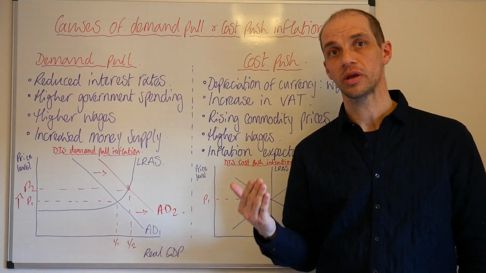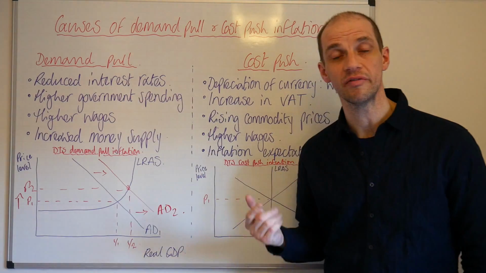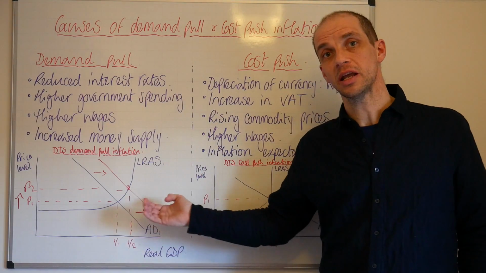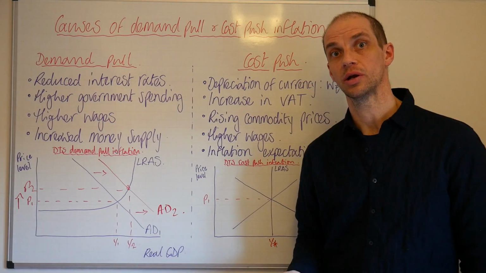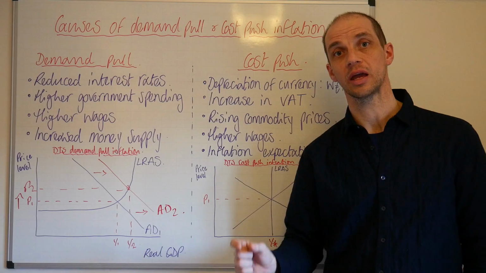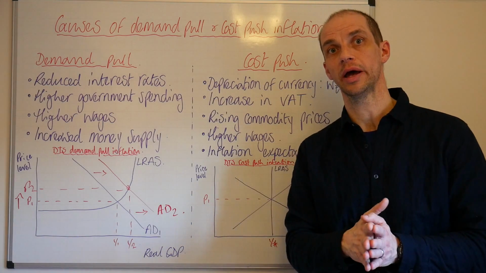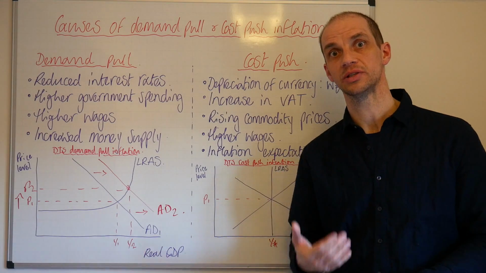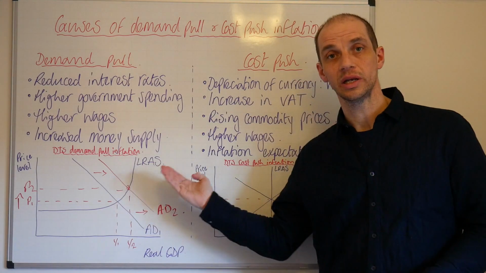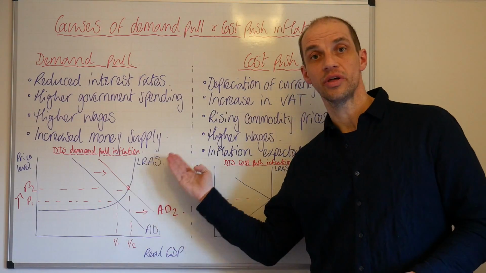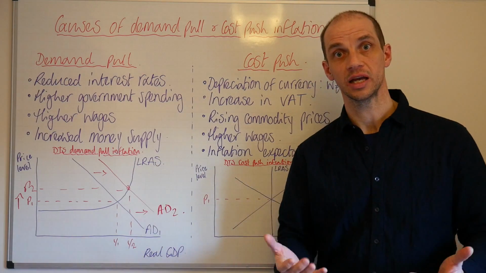Another key component of aggregate demand is, of course, that of government spending. So government spending, if that increases, it's going to increase aggregate demand. In addition to that, there could be a multiplier effect, and where there is a very large multiplier and a high marginal propensity to consume within the economy, again, you're likely to see a further increase in the actual price level as that multiplying effect kicks in.